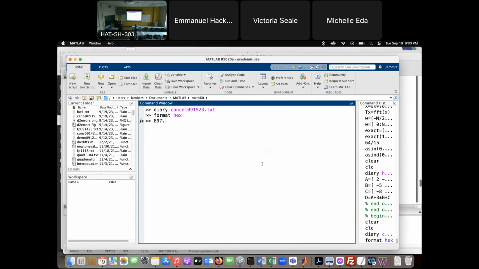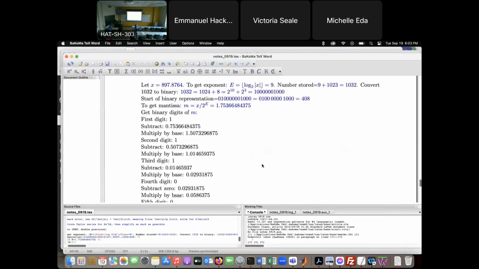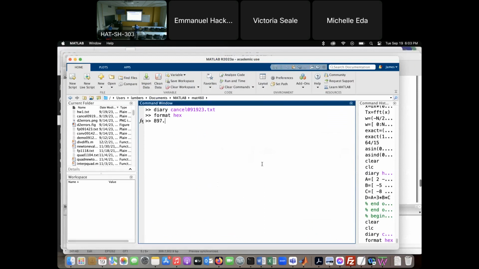I'm starting another diary, and I'll post this diary in Canvas anyway. So my number is 897.8764. And we'll see what that looks like in hex.